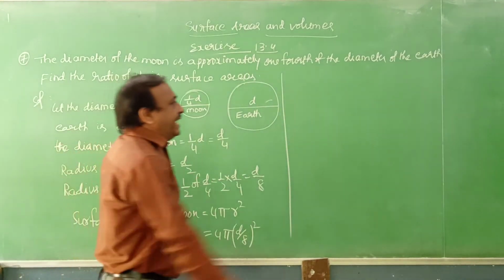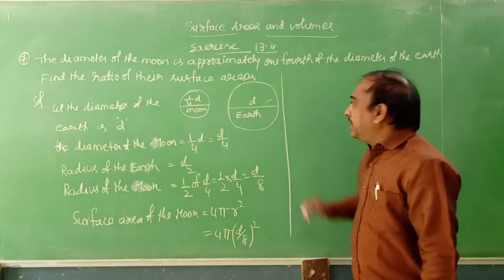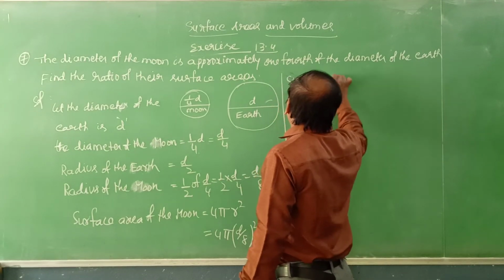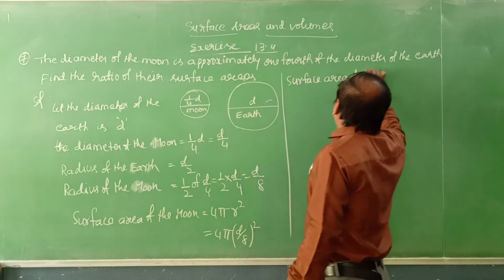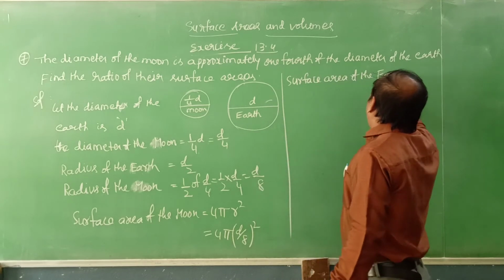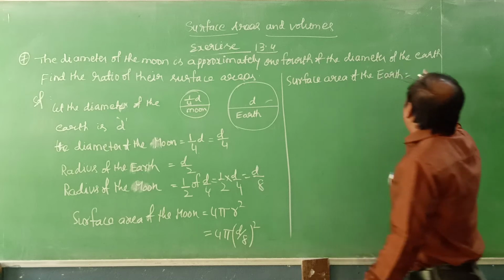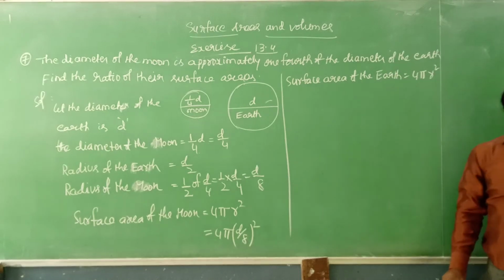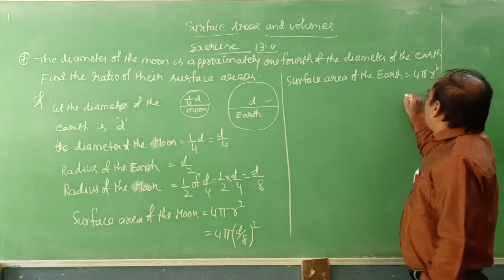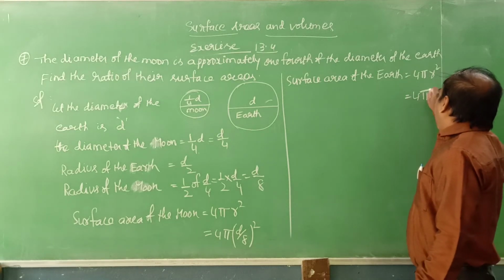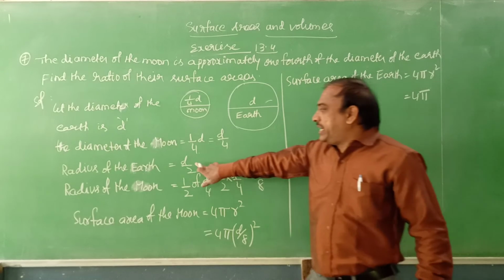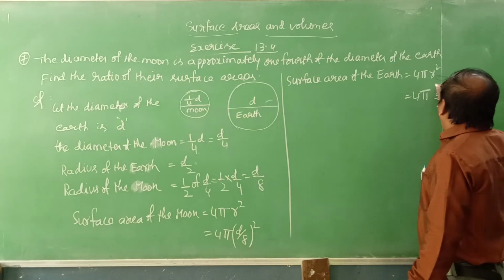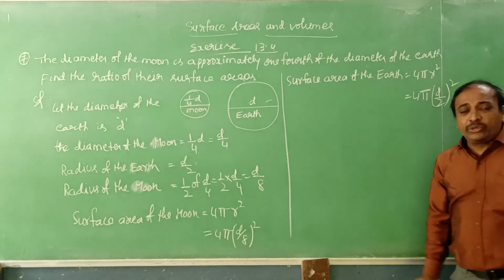Now we are finding the surface area of the earth. Surface area of the earth is equal to, again here also we have the same formula, 4 pi r square, which is equal to 4 pi into, what is the radius of the earth? d by 2 whole square.